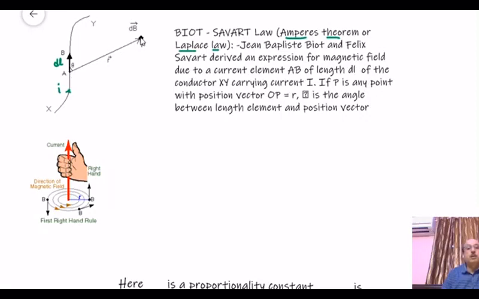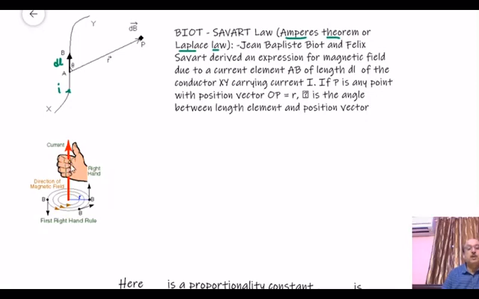So the magnetic field at point P will have a direction, and the direction will be crosswise. This is because of the right-hand rule. If current is in the thumb, the magnetic field of induction will be along the fingers, and vice versa.